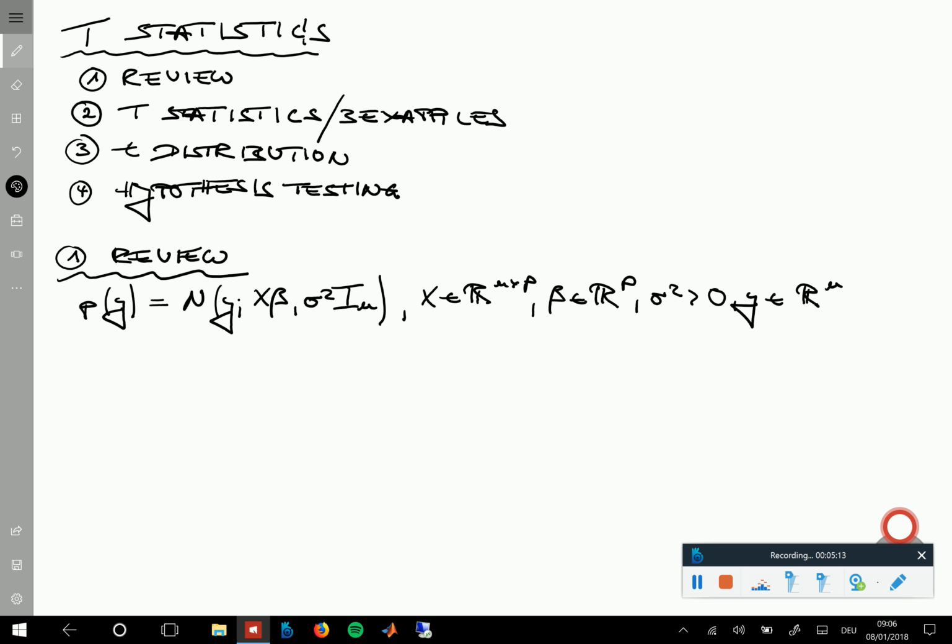Yeah, that's true. So what does that mean? What I've just written there? It's normally distributed with expectation parameter x beta. What is that? Yeah, but what's the x beta?